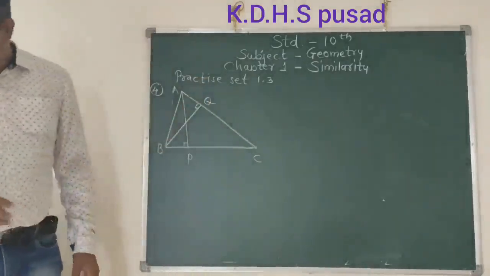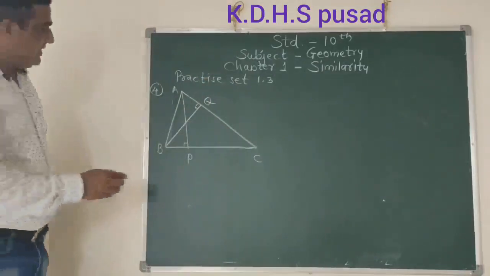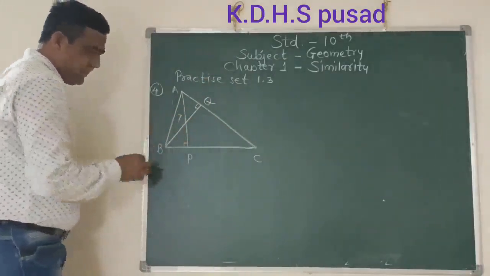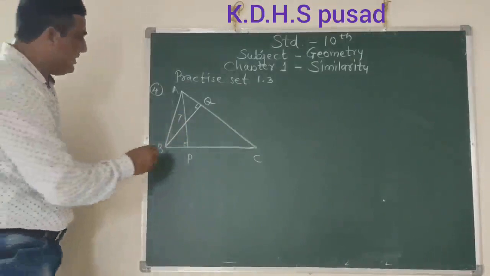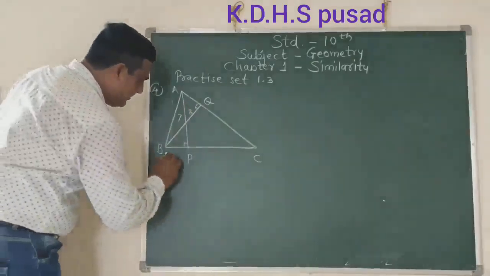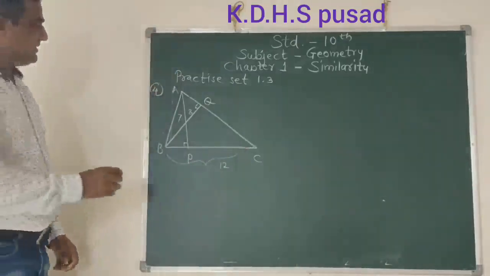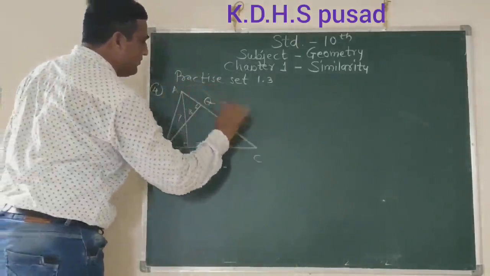And here you have been given the values. AP is 7, BQ is 8, BC is 12. Find AC. That AC you want to find out.